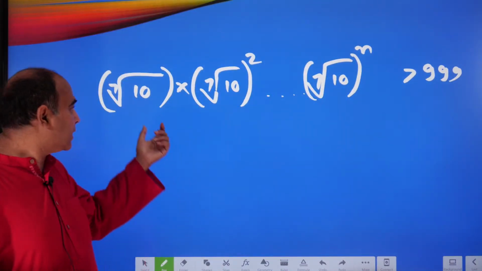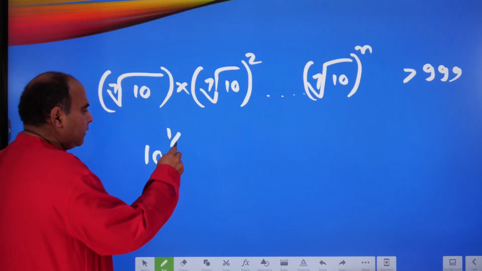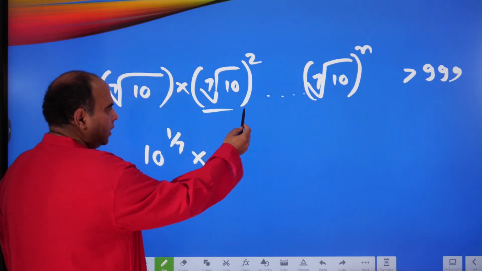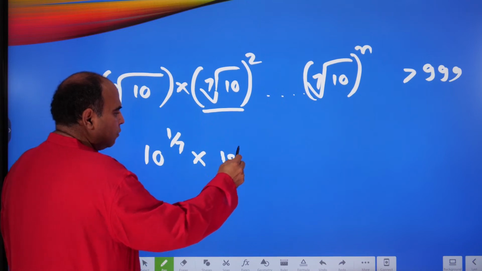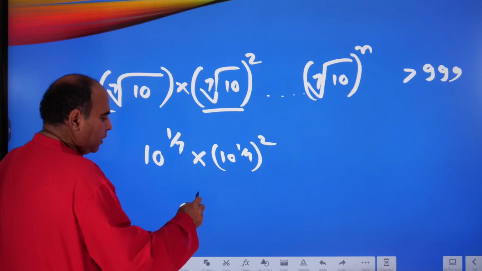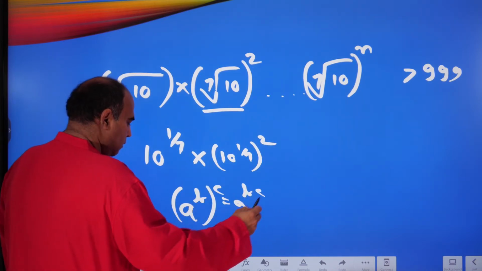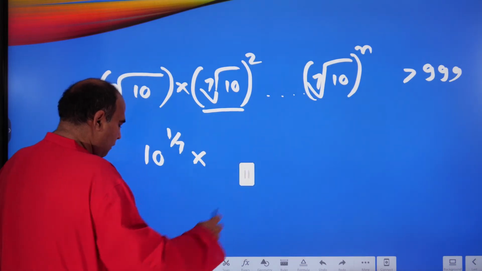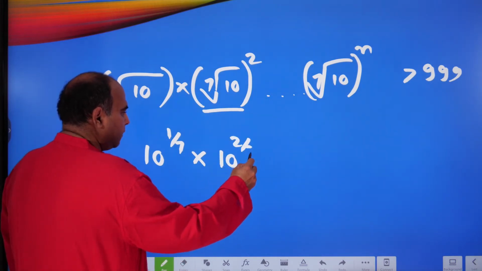So the first thing you realize is that the 7th root of 10 can be written as 10 raised to 1 by 7. The square of the 7th root of 10 can be written as 10 raised to 1 by 7, whole squared. By the logic of indices, where a raised to b raised to c is equal to a raised to bc, we come up with 10 raised to 2 by 7.